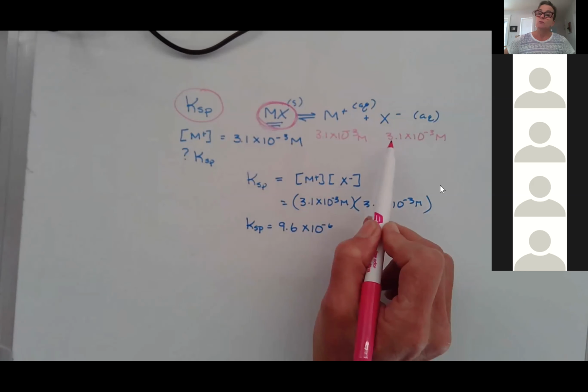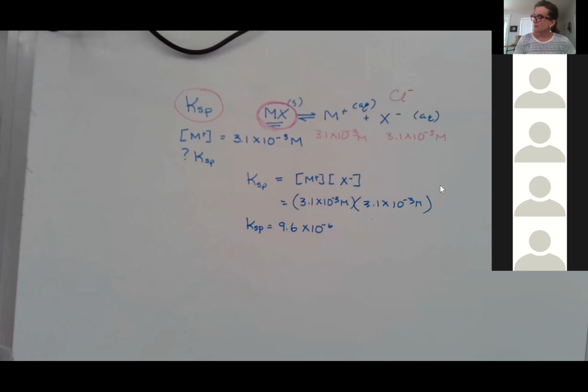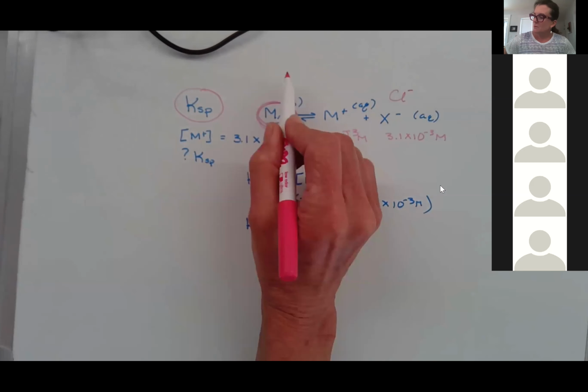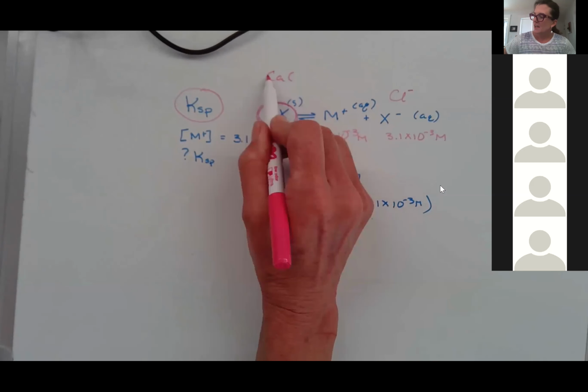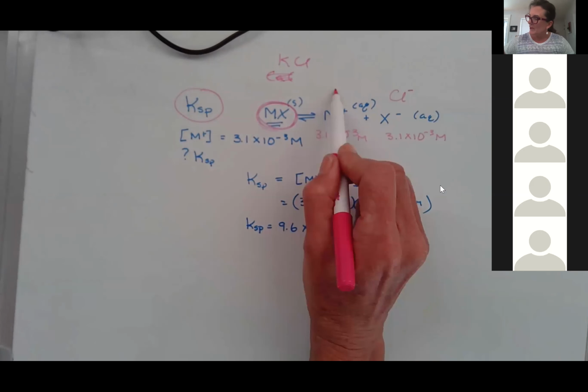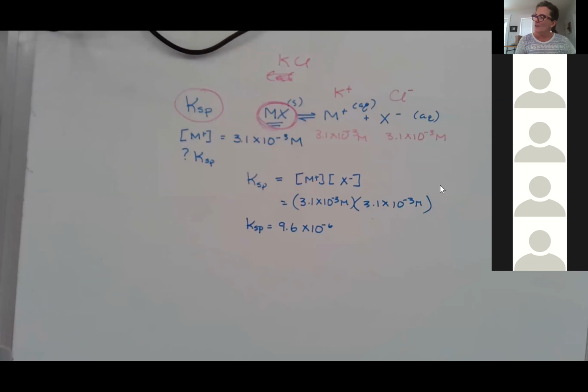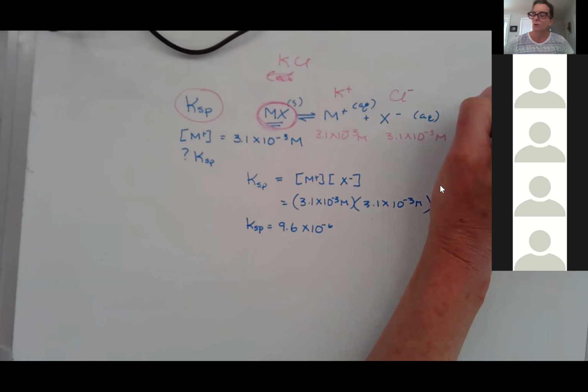Right. But you're right. Let's say this is Cl minus, the X minus. Let's say this was KCl, my M plus would be K plus. If I threw some sodium chloride, oops, I'm off screen.